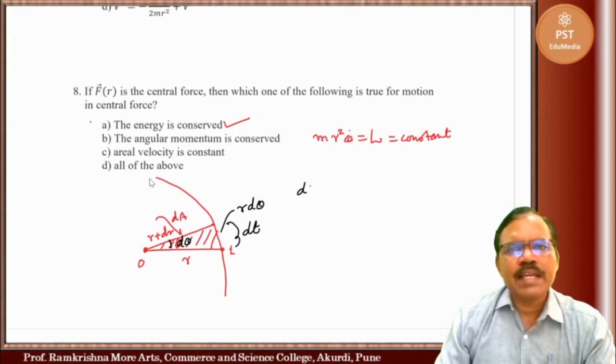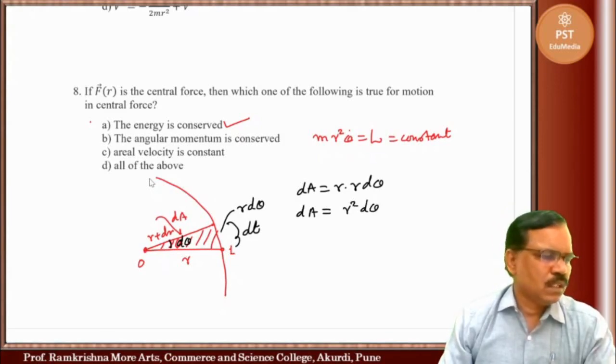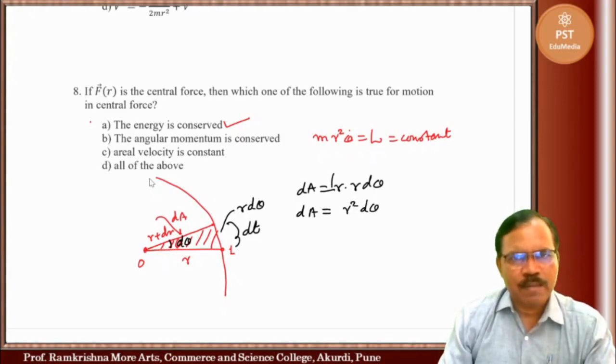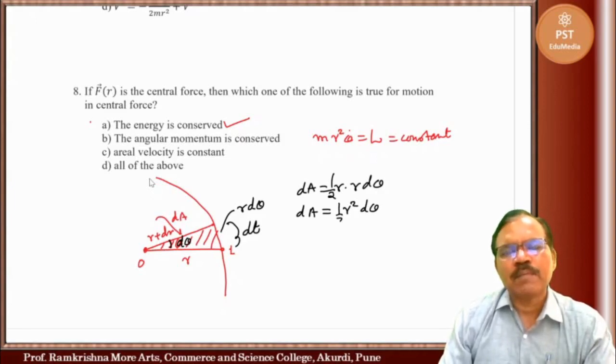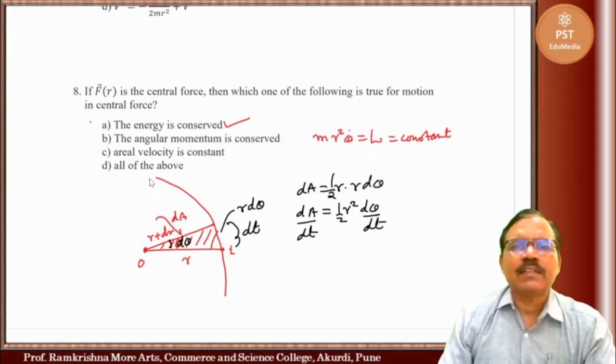So area dA is r into r d theta. Actually it is one half for a triangle, so dA = 1/2 r square d theta, and dA by dt gives d theta by dt, so it is 1/2 r square theta dot.